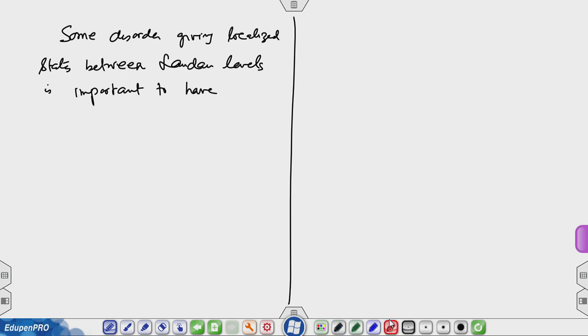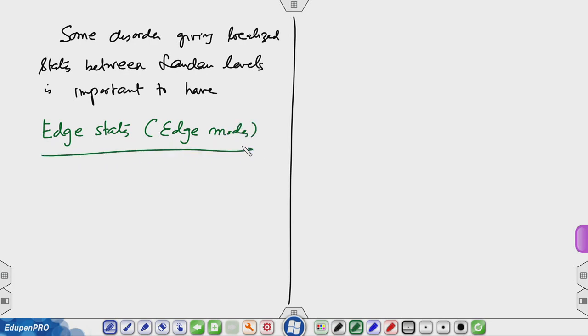Now, the second topic I want to cover is looking at this whole thing through edge states, or what are also known as edge modes. Again, I will make that picture where I have the sample and I have these Landau levels.